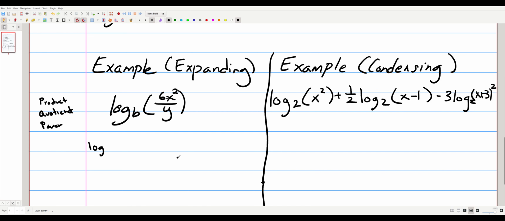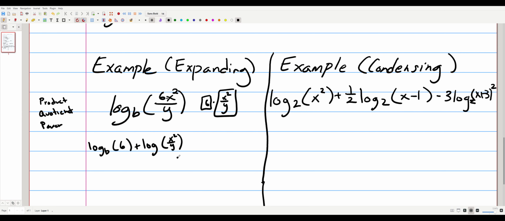So we can take log b of 6 times x squared over y, which would give us log b of 6, right, plus, and then the second term we have, which is x squared over y, right? And so this is because I broke it up into 6 times x squared over y. And so now we're going to have the sum of this being the argument of the first log and this being the argument of the second log.